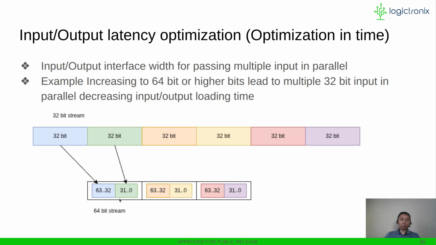The 64-bit stream will be faster than the small size stream. We can increase this further, like 128-bit, and read multiple inputs at the same time. So this will decrease the input reading time and the latency during the input cycle.